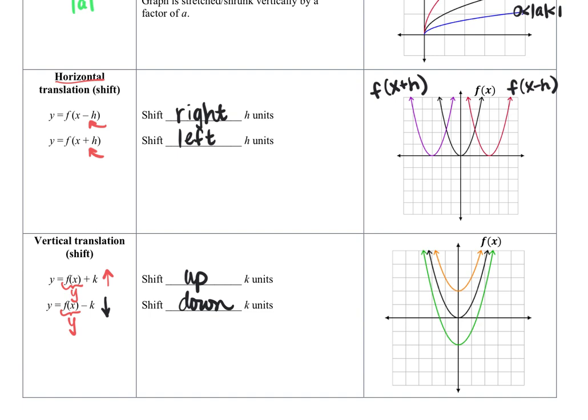So on my graph on the right, the black one again is my parent function. If we were shifting up, that would be the orange graph. So this orange graph would be f of x plus a constant of k. And then my green graph would be f of x minus a constant of k.